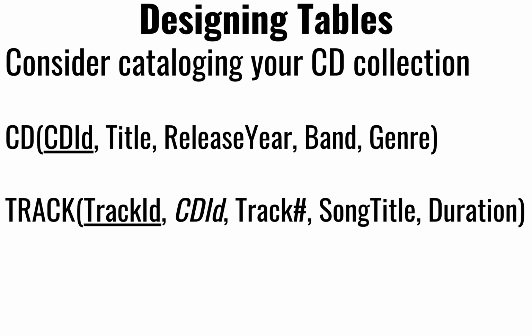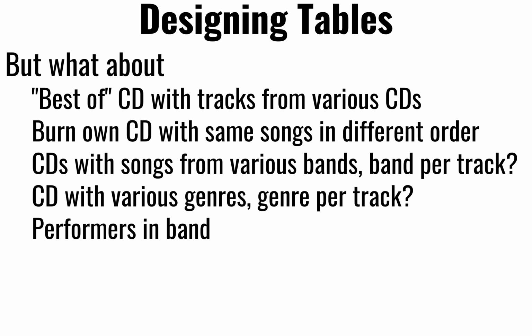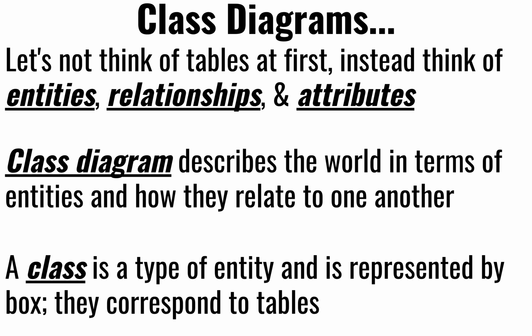So anyway, the shortcomings of this particular schema, we can list them here. These are some of the things that this schema doesn't allow us to capture. What if there are multiple genres, multiple bands, something that you burn yourself? It doesn't match your particular schema. So sometimes it's useful not to think about these problems or the structure of the data in terms of tables or fields or anything like that.